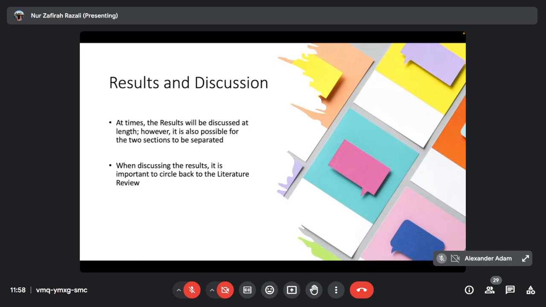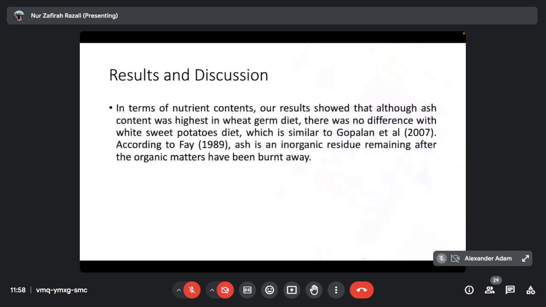Okay, what previous researchers have found and whatnot. And when discussing your results, you need to relate it back to the literature review in order to justify or rationalize your study, and to justify whether or not your results are in line with the past studies. So these are related. Okay.